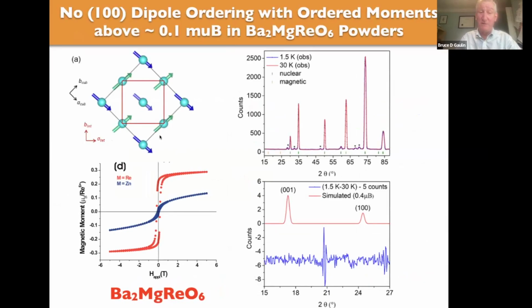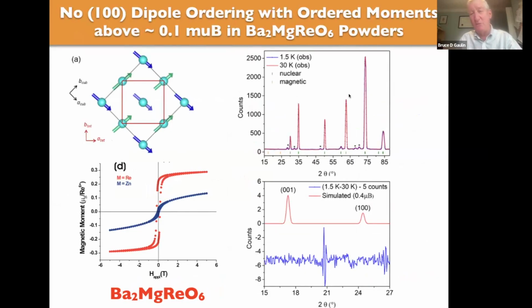We also measure a net magnetization at very low temperatures. It's bigger. Actually, there's a typo here. It's bigger in the magnesium renate than it is in the zinc renate. But there's a net magnetization that's of order 0.3 Bohr magnetons per rhenium ion.